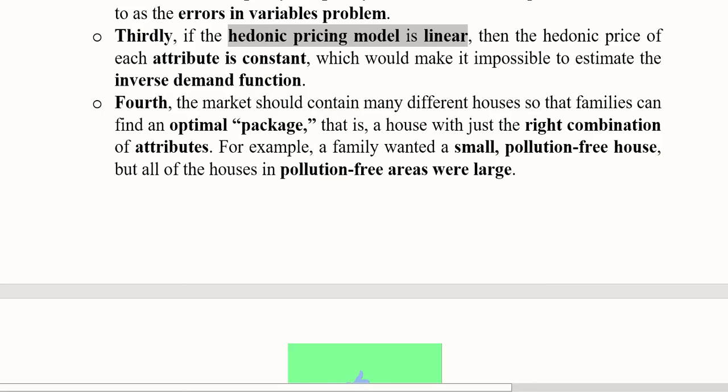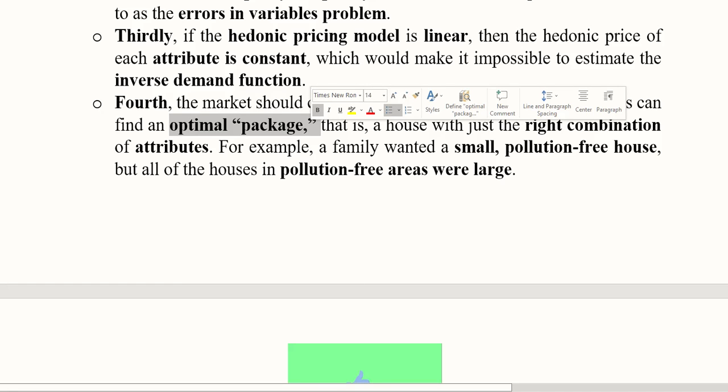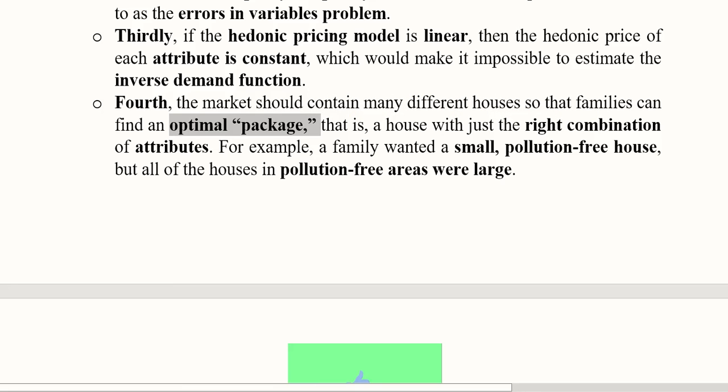Now the fourth problem is that the people might not be well aware, or there can be quite a bit of disparity among the people regarding the optimal package, that is, what sort of attributes are the best mix of all the attributes. For example, when we mix a small, pollution free house and other features, some people would prefer the features of the neighborhood, some people will prefer the scenic views, some people will prefer the other facilities.